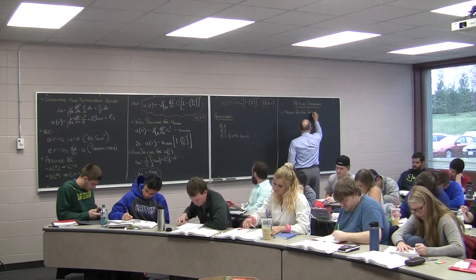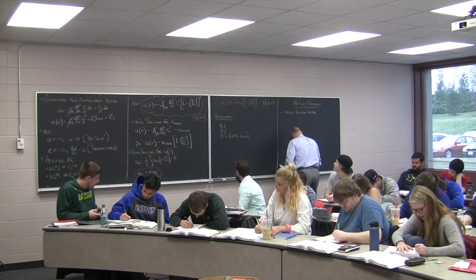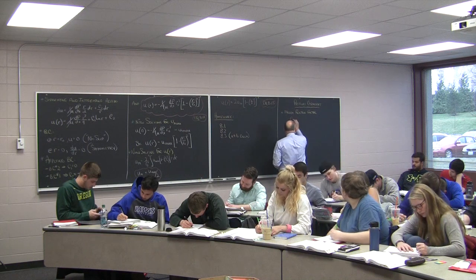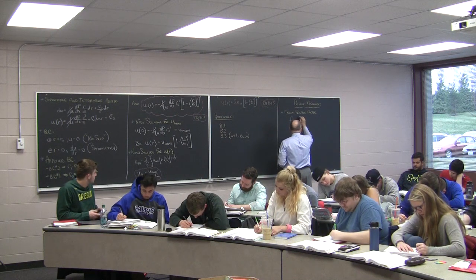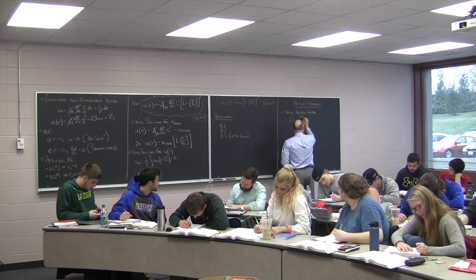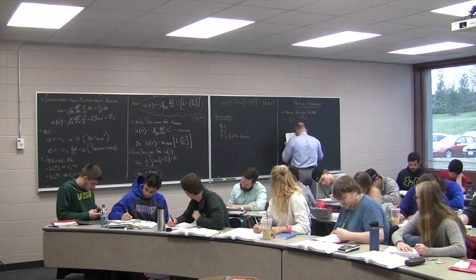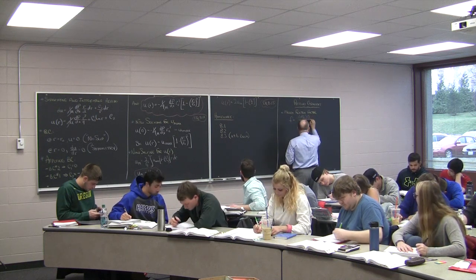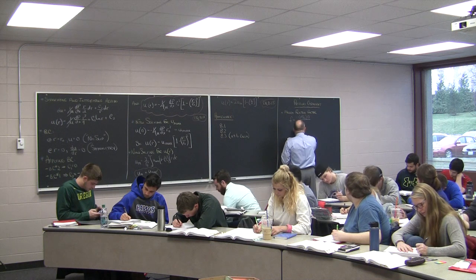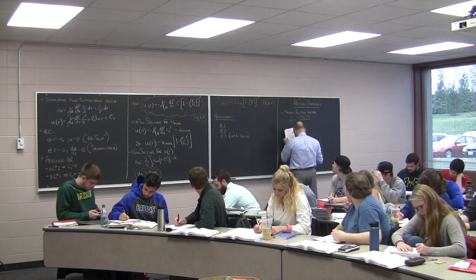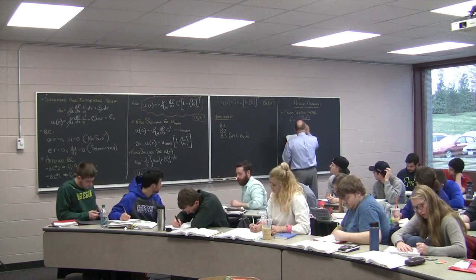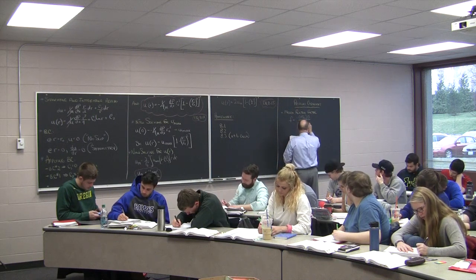This is all in your book in last night's reading assignment. That is f, described as being equal to minus dp/dx, the pressure gradient, times the diameter over rho times the mean velocity squared divided by 2.